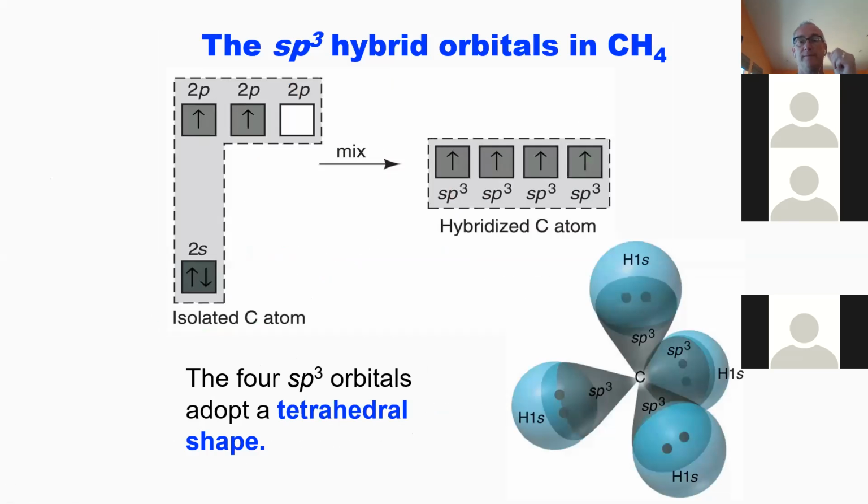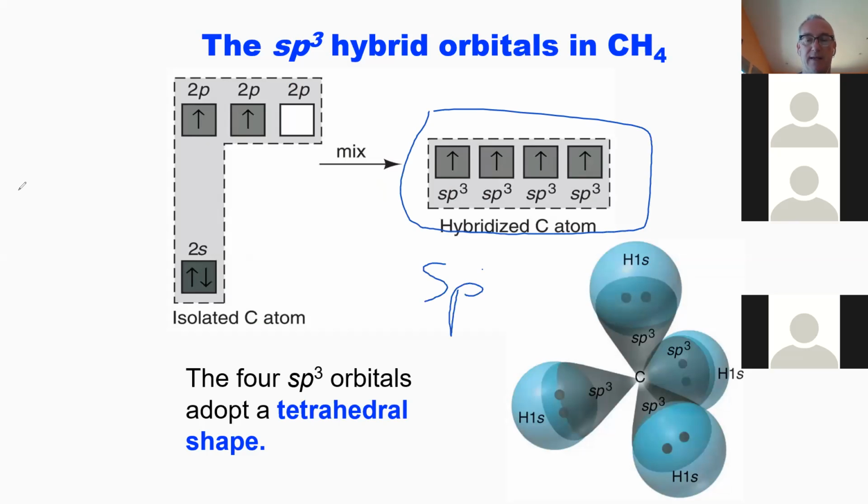And when we need 4, now we're going to need the 1 s and all 3 of the p's for a total of 4 different orbitals, each with 1 electron in them. So now we have 1 s and 3 different p's.